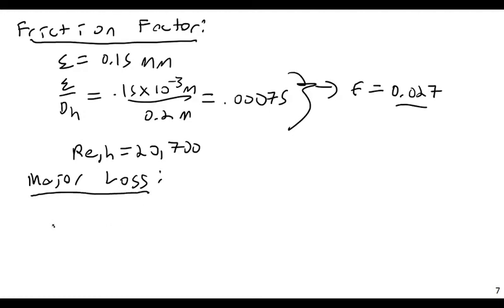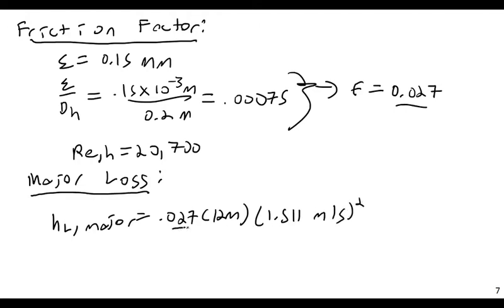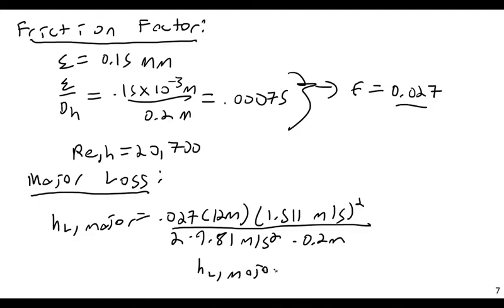This head loss is simply HL major equal to 0.027 times 12 meters times 1.511 meters per second, quantity squared, divided by 2 times 9.81, acceleration due to gravity, meters per second squared, times 0.2 meters. The major head loss is simply equal to 0.188 meters. All right, questions on that?